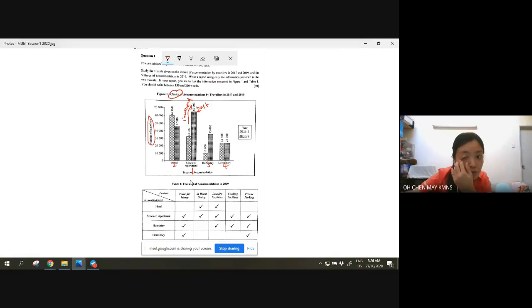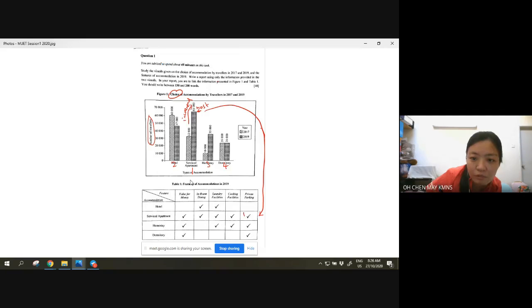Not enough, you want to make it even better, you need to link, get some synthesis. So you can say due to or because of all these 5 features, which was the most number of features. You can put here, most number of features.